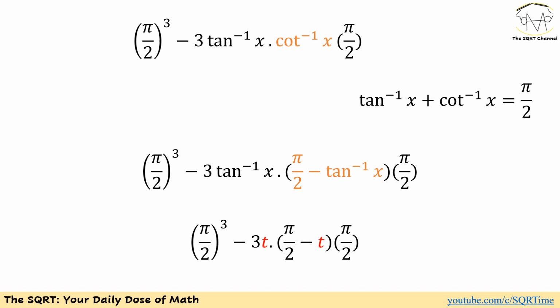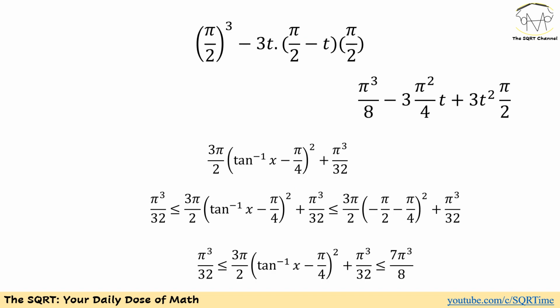I'm going to replace inverse cotangent of x with pi over 2 minus inverse tangent of x, as you are seeing here. Now we have an equation that has some constant values and inverse tangent of x. I'm going to use t for inverse tangent of x to make it a little bit more readable.